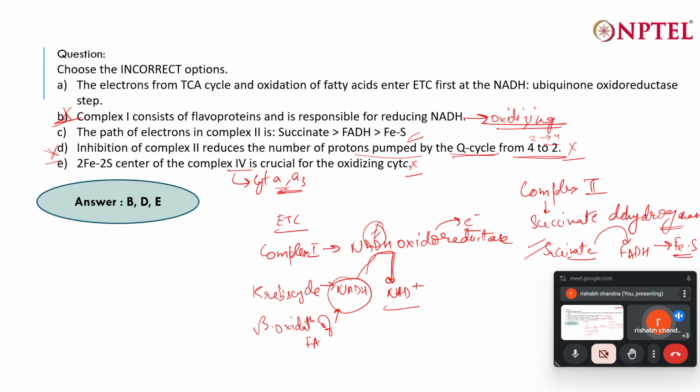In cytochrome aa3, FeS center is involved, not 2Fe2S center. So that is only involved in the cytochrome bc1 complex, that is complex 3. Okay, so this is also false. So the correct answer, that means the incorrect statements, are B, D, and E.